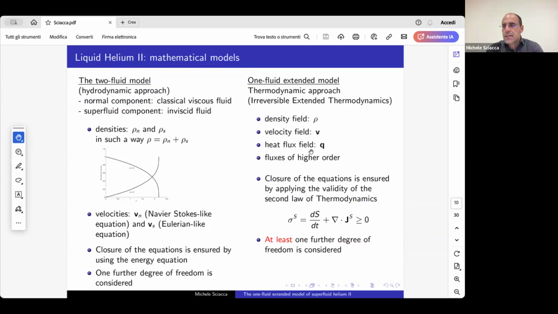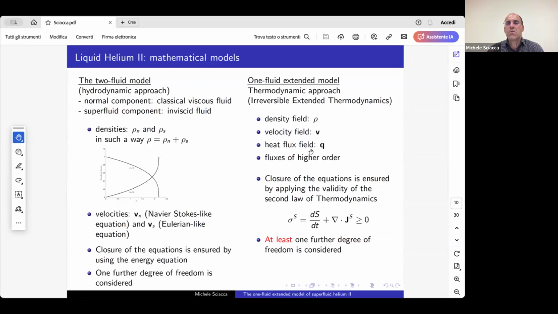I think it's easier, for me, to think in terms of the one-fluid model. Why? It can make a suggestion and contribute to the debate about the kind of turbulence in superfluid helium.